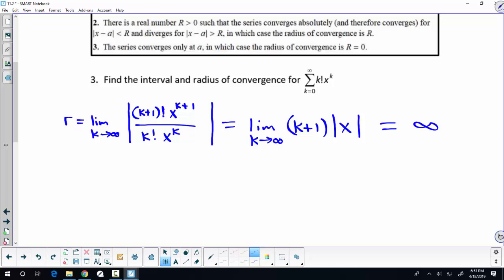Can anybody see it? The only value of x that would cause this series to converge would be what? 0. Right? Because k plus 1 is 1, it's 2, it's 3, it's 4, it's getting larger and larger, right? But if x is always 0, then this is 0 times a billion times a trillion. It's always 0.